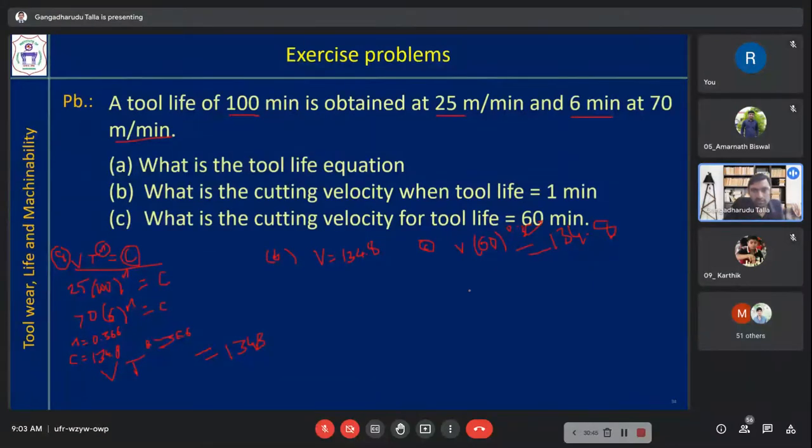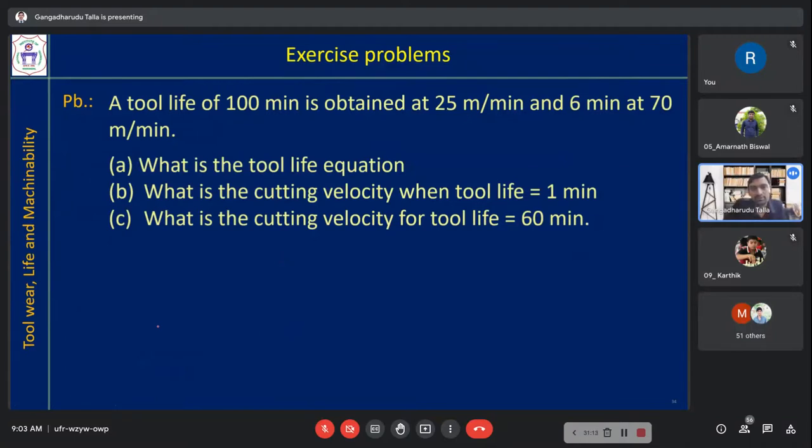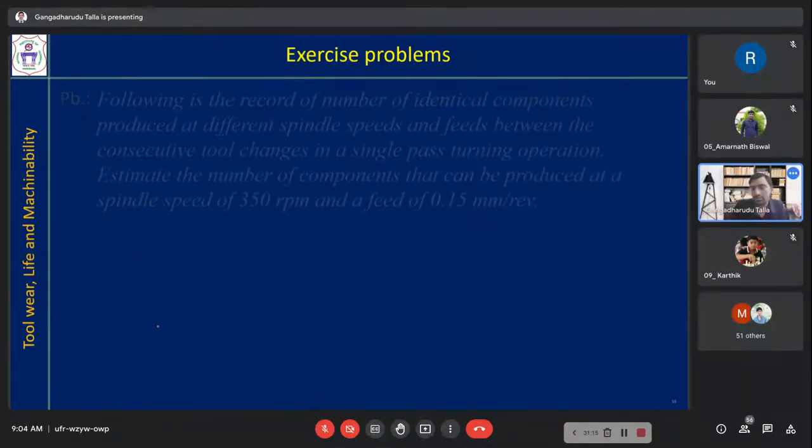So what is V? 30.12, sir. 30.12 meter per minute. So that's it. In tool life equation, these problems are simple. They are definitely dependent on the V T power n equal to C equation only.